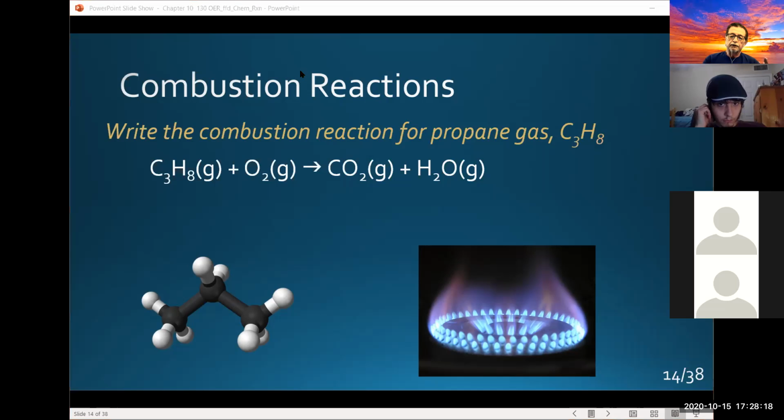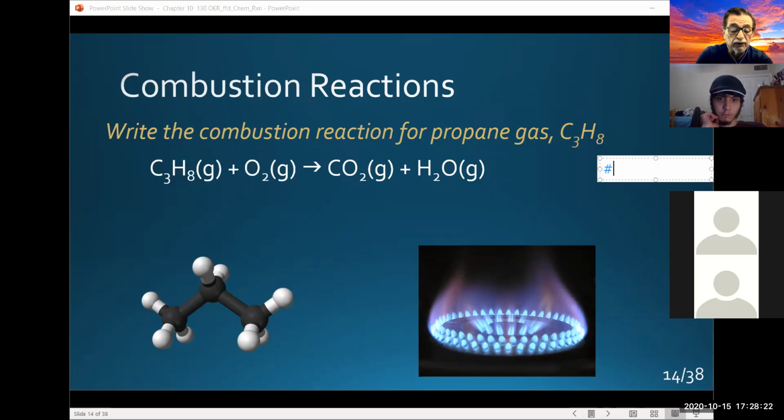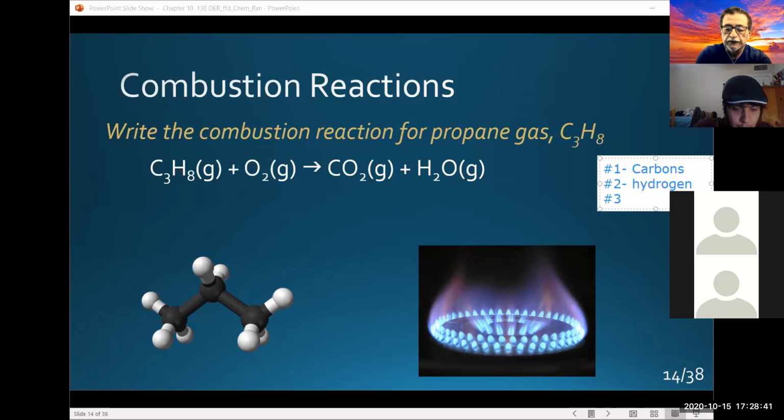Step number one, balance the carbons first. After you do that, balance the hydrogens. And once you have those balanced, balance the oxygens.